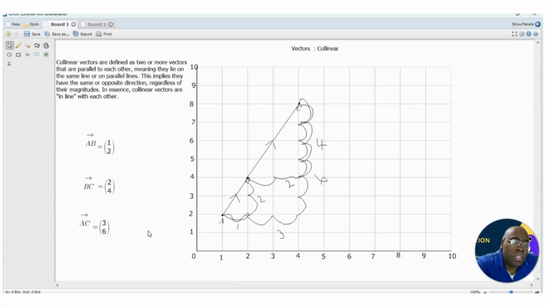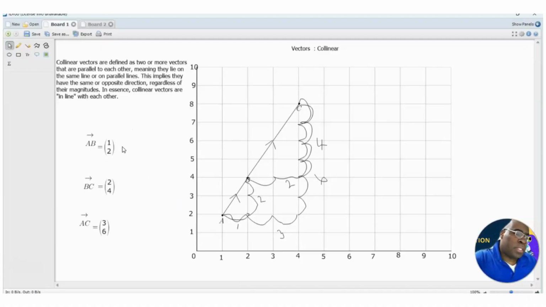Now there's a significant way to show in writing that they lie on the same line. Let's see if we can figure that out.